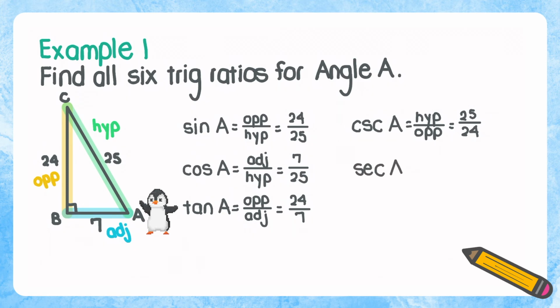The secant of A is the reciprocal of the cosine of A, so the hypotenuse over the adjacent side. That's 25 over 7.